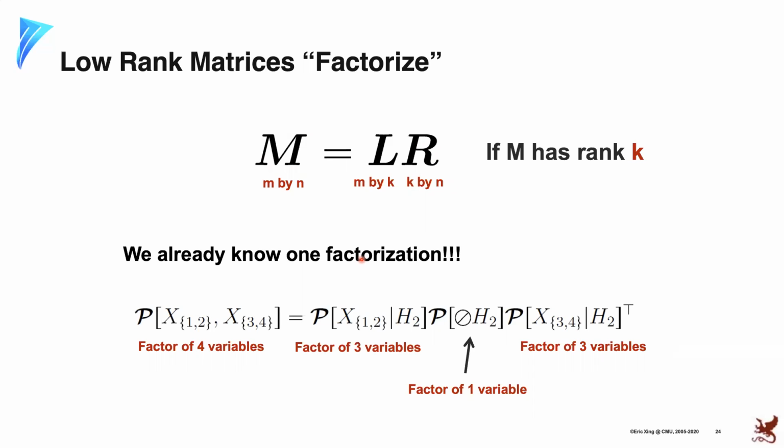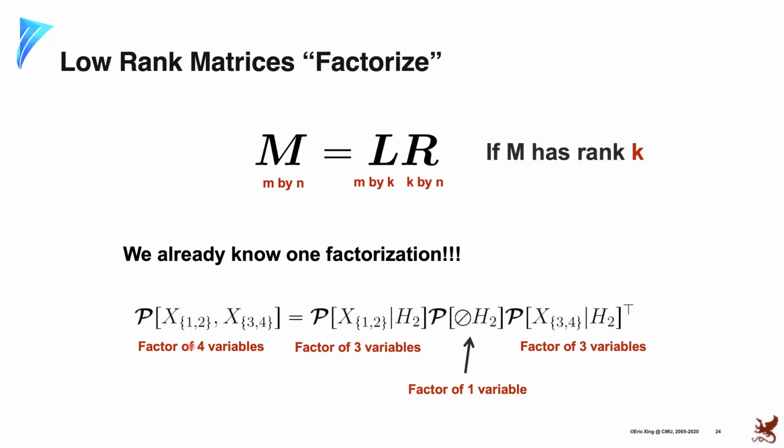We can find another factorization by introducing a hidden variable h2. We can represent this joint probability by assuming that the values of x1 and x2 are conditioned on the value of h2, and the values of x3 and x4 are also conditioned on h2.